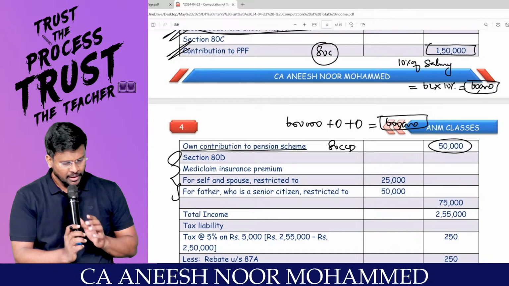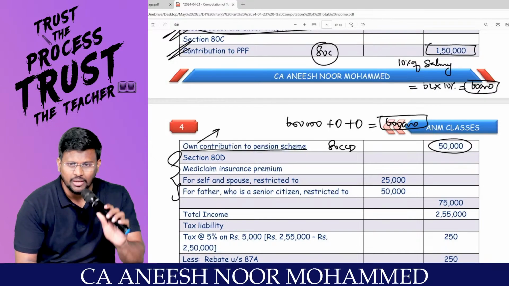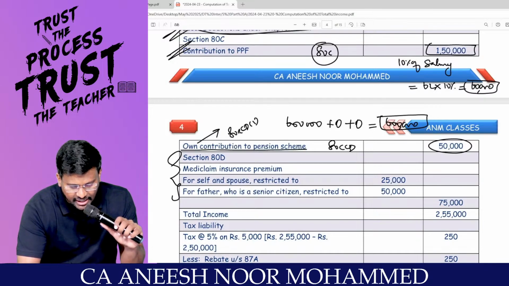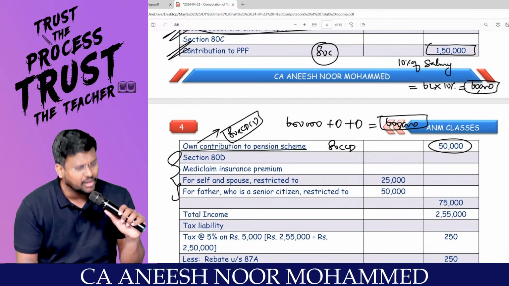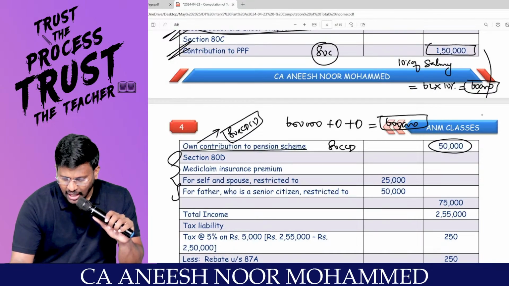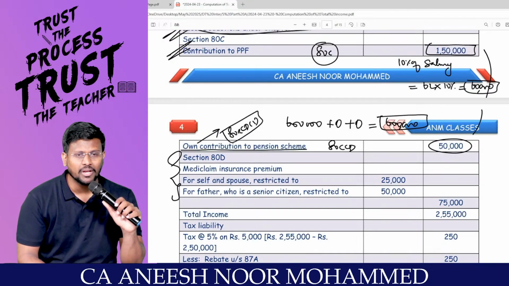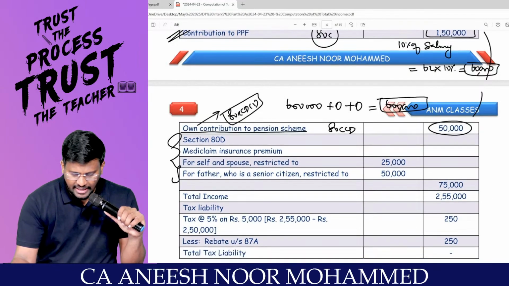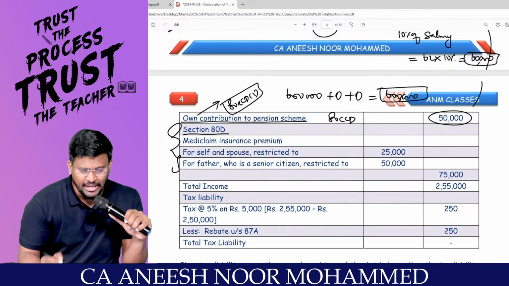Right, sir? This is whose contribution? Employee's contribution. So this will be covered under 80CCD subsection 1. Yes, sir. So this 1,50,000 and this 50,000 should be restricted to how much lakh? 2 lakh.